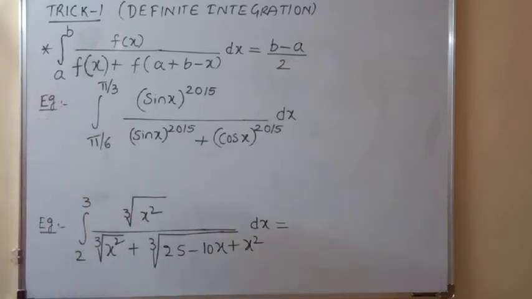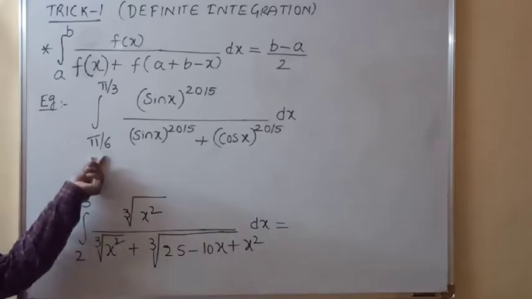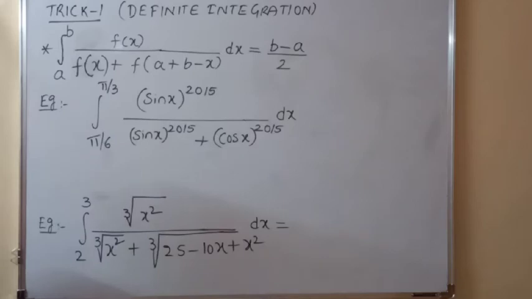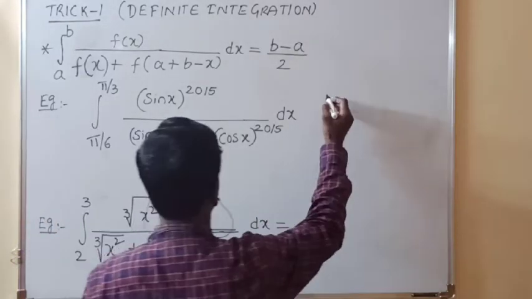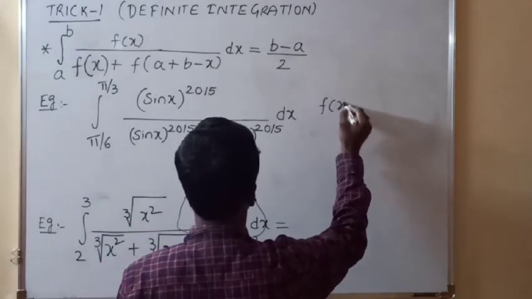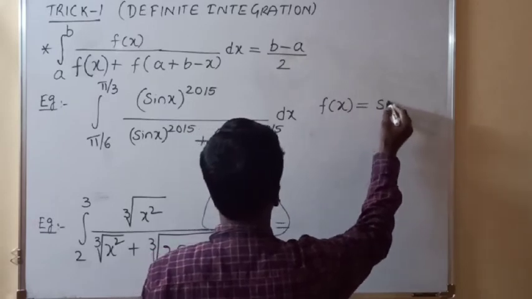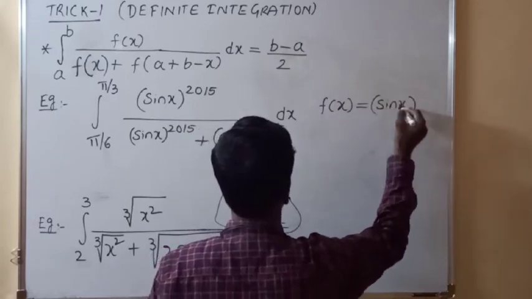Okay, look at the first question. Integral pi by 6 to pi by 3 of (sin x) to the power 2015 by (sin x) to the power 2015 plus (cos x) to the power 2015. Clearly here, f of x is (sin x) to the power 2015.